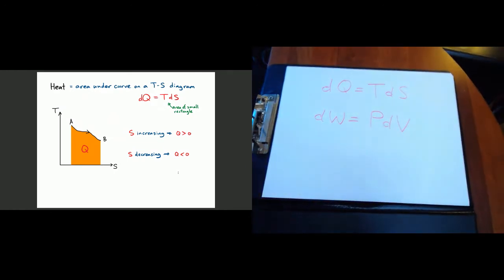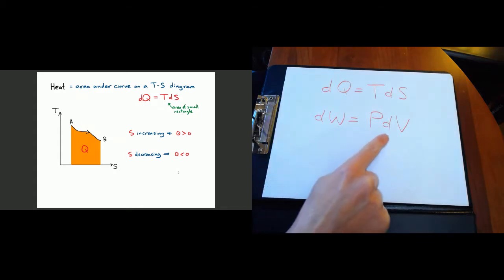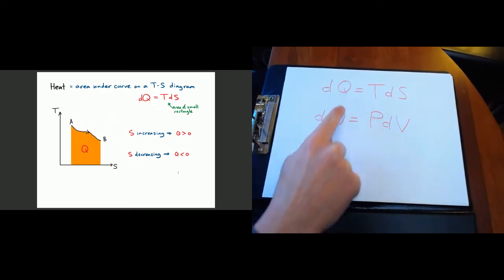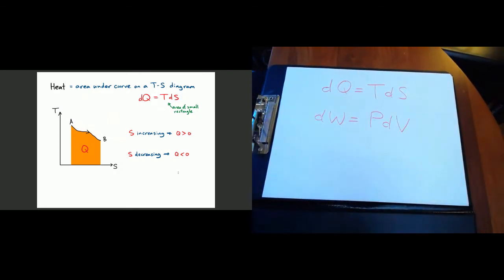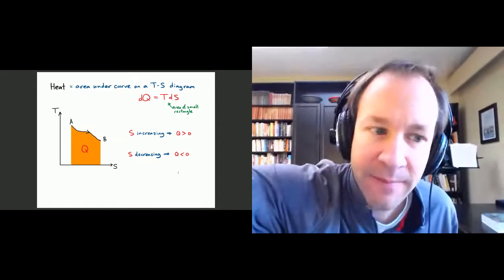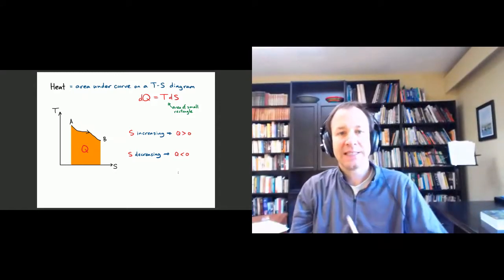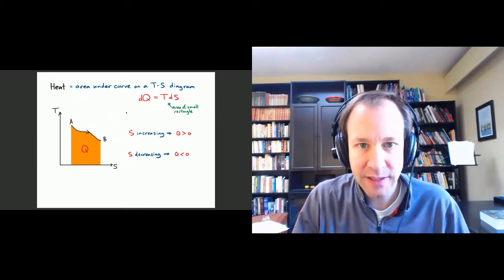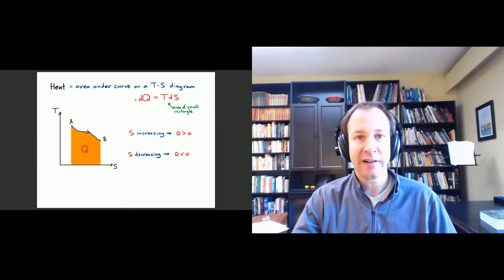So essentially, everything that we said about calculating work using a PV diagram also applies to calculating heat for a TS diagram. We don't really have to go through all of the arguments again. We can immediately say that the heat is going to be the area under the curve on a TS diagram.